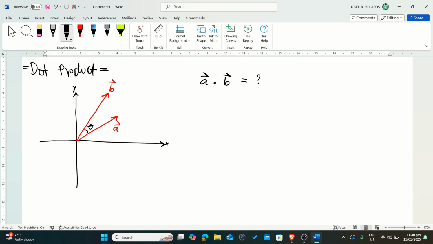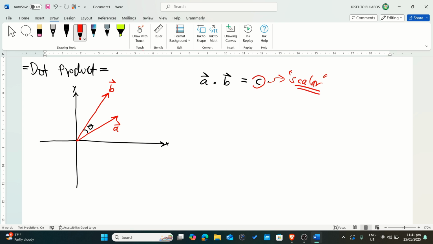Since a dot product ends up as a scalar quantity, the result of the dot product must be equal to a certain value C, and C must be a scalar quantity.